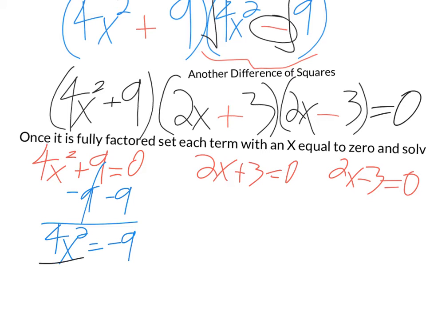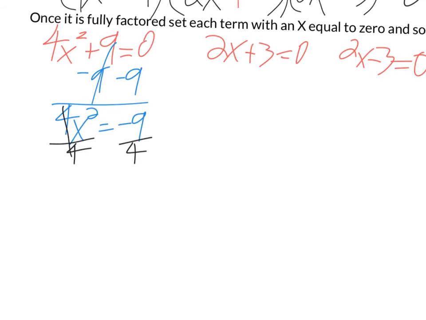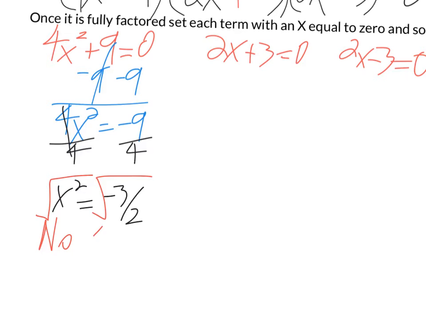And I don't know if you can tell, but this one's going to be no solution because the only way to solve something with the power of 2 is by square rooting it. So I have x squared equals negative 3 over 2. And so I'd have to square root both sides, and then I'd get an imaginary solution, but I'm not looking for imaginary solutions. So anytime you have to square root a negative number, you can just simply say no solution on that one.